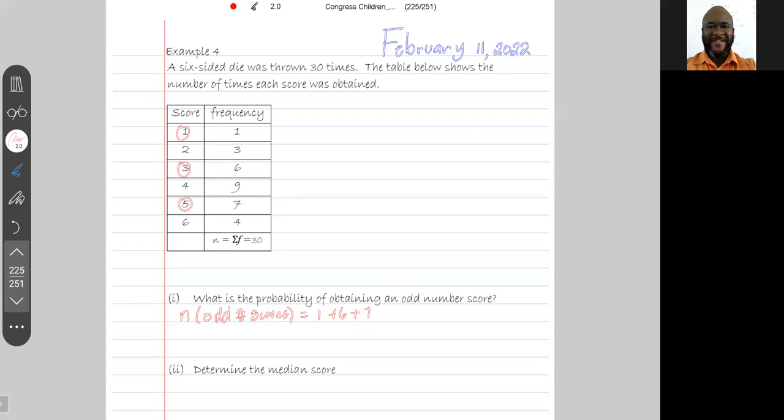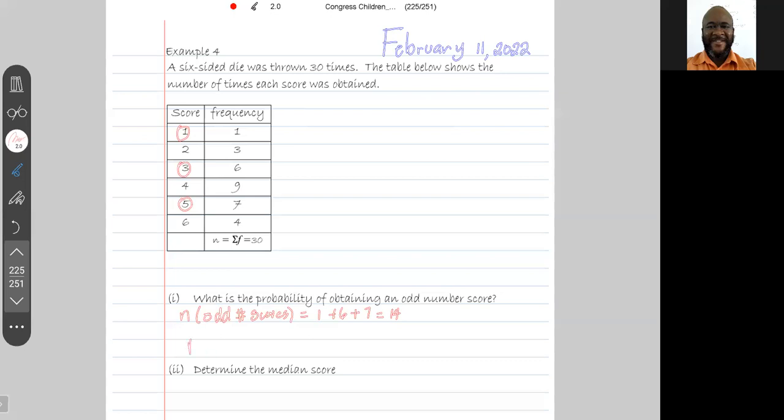There was 1 one, 6 threes, and 7 fives. So there was a total of 14 odd numbers. So from this 30 times of rolling the die, an odd number came on top 14 times.